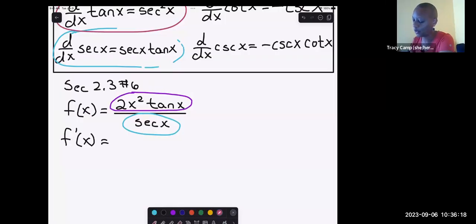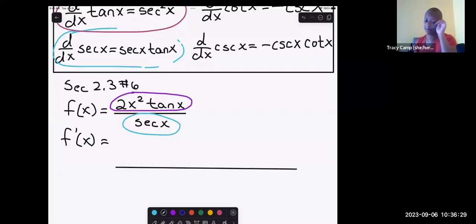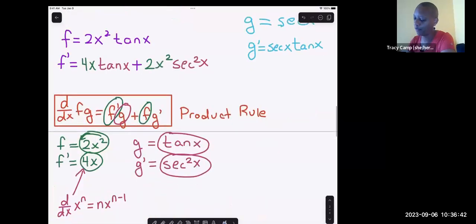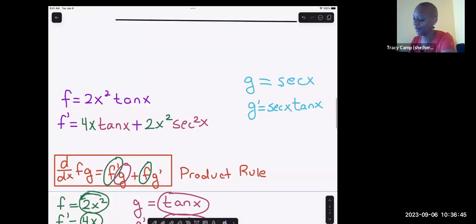The quotient rule says our derivative will be, I'm going to make a big fraction bar just to make sure we're good, the derivative of the numerator, which we just found was this F prime, all of that. Oh my goodness, we have to put all of this in.